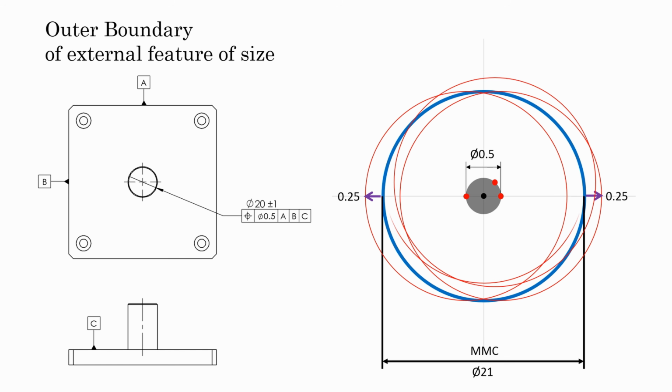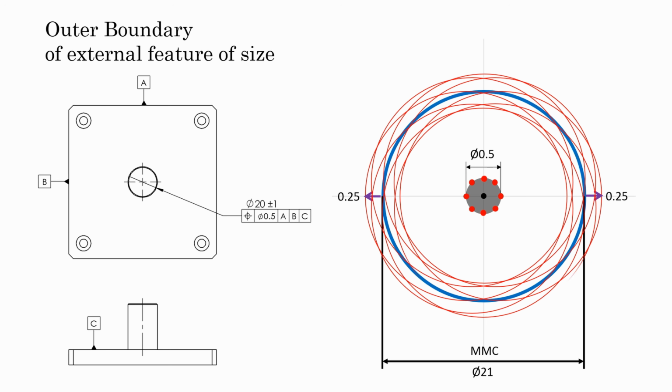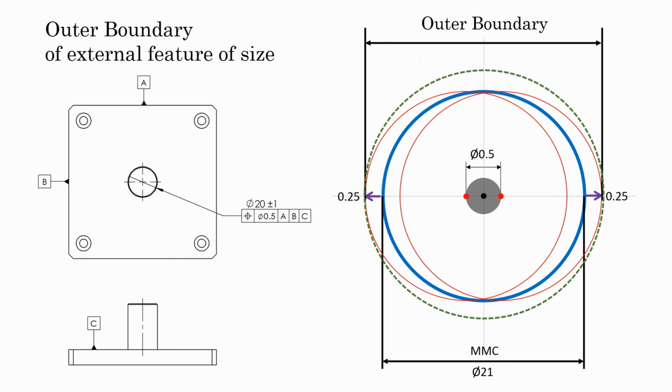And this shifting of 0.25 mm of the pin surface would be from all around. So the outer boundary would be 21 mm MMC of this pin plus 0.5 mm maximum position deviation, 0.25 from left, 0.25 from right, 0.5. So this will make the outer boundary 21.5 mm.